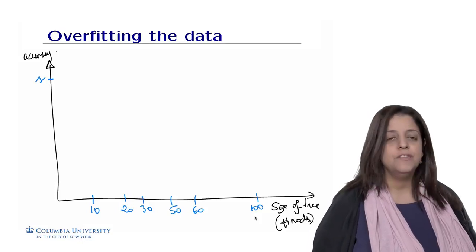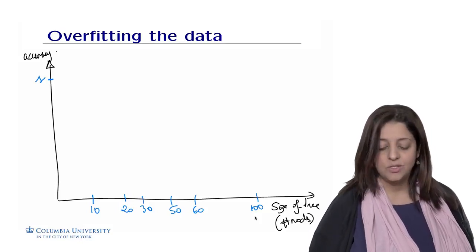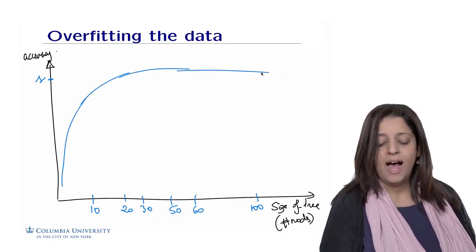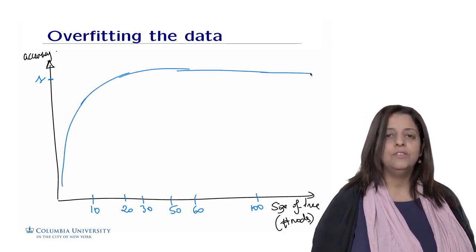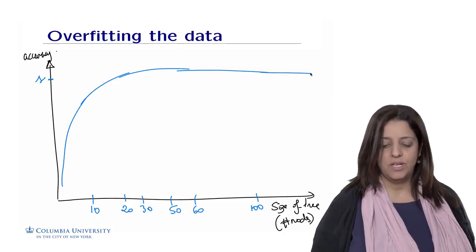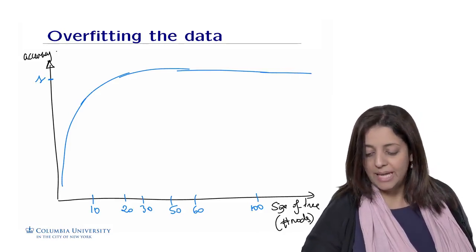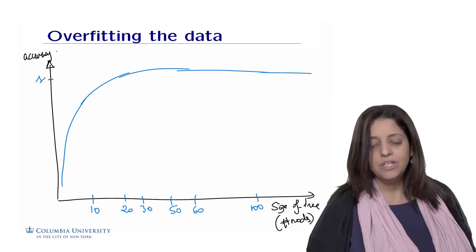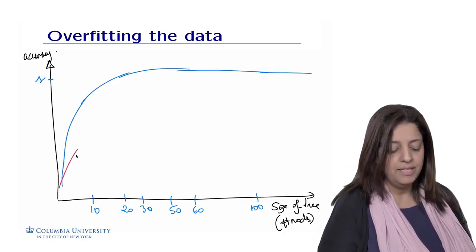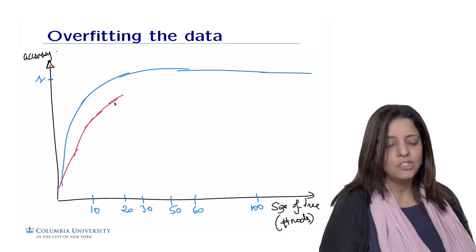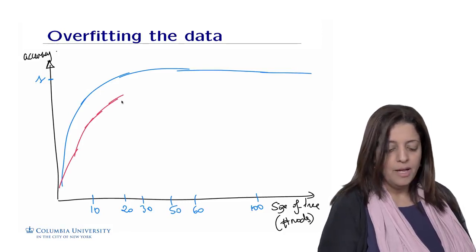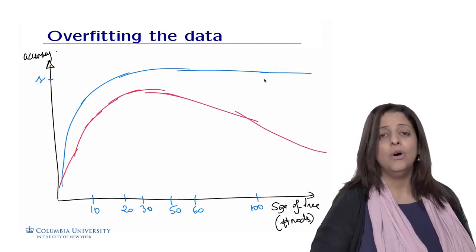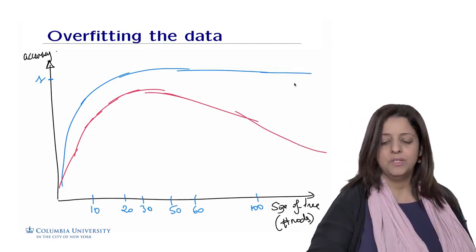So if you observe the behavior of the accuracy as you increase the number of nodes, you would see something that would really go high this way, which means that you're going to get 100% accuracy on your training data. However, if you apply this model on your test set, you're going to observe that your accuracy will probably be okay at the beginning. Generally, you could expect like a 10% drop, but then it will go down as you are overfitting the data because you are going to stick with the data too much.